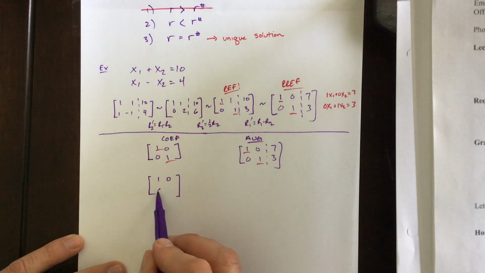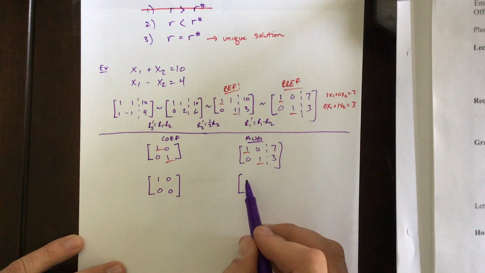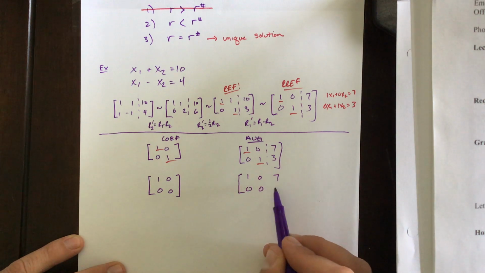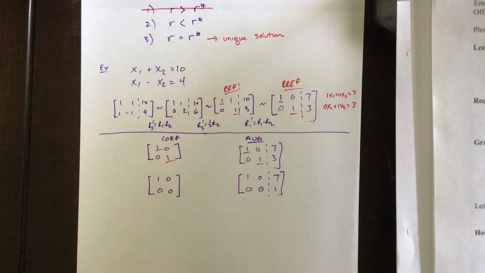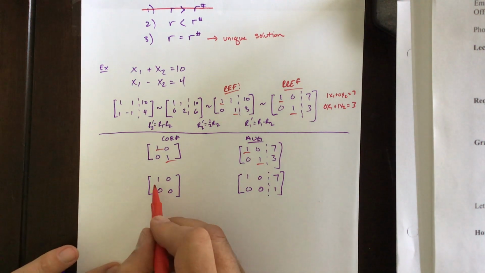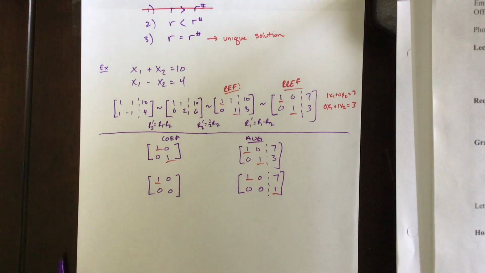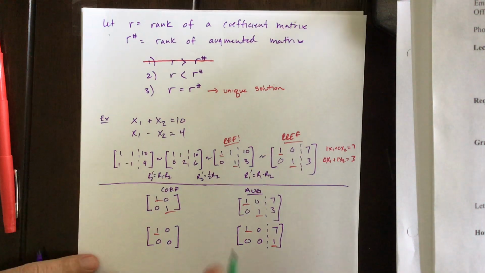So 1, 0, 0, 0. And the augmented matrix was 1, 0, 7, 0, 0, 1. So here's one pivot in the coefficient matrix. Here are two pivots in the augmented matrix. So now we're under circumstance number 2.